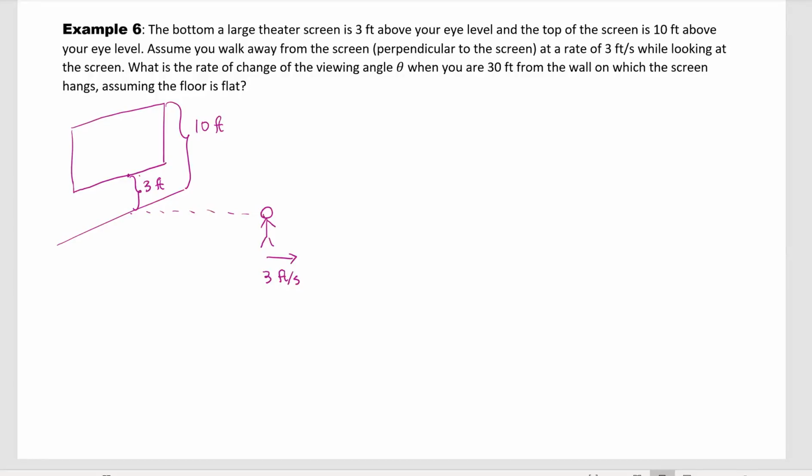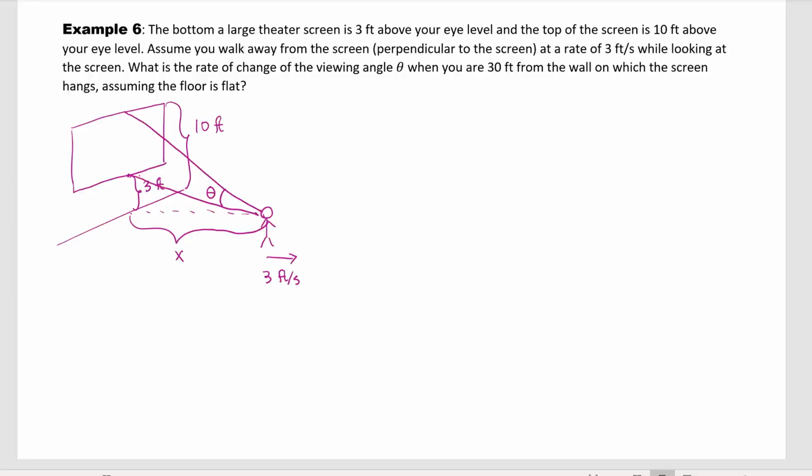So it's asking about the viewing angle, which is the angle theta. What is changing? The distance between me and the screen. Let's call this x because it's the horizontal distance.